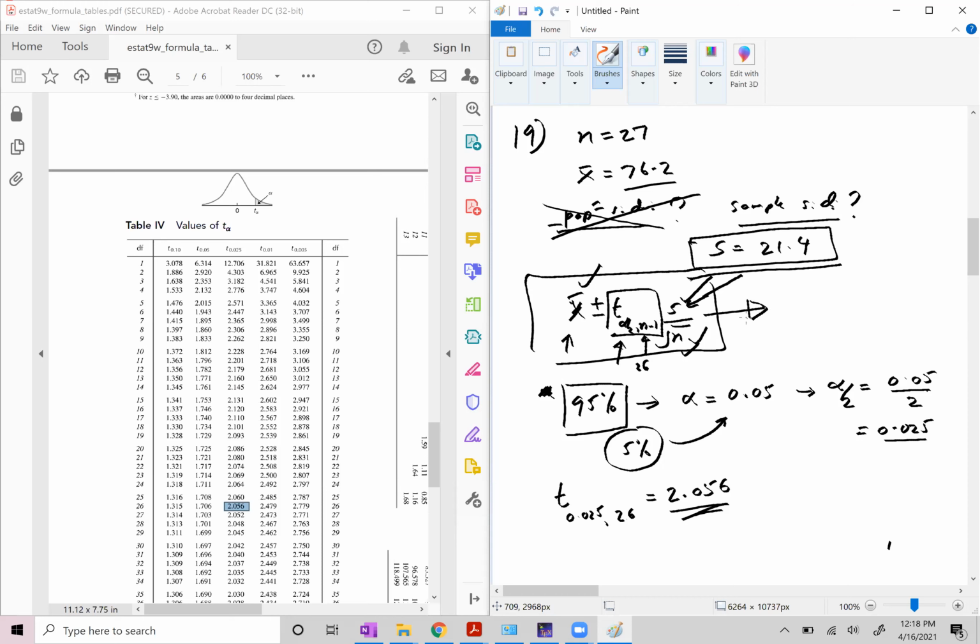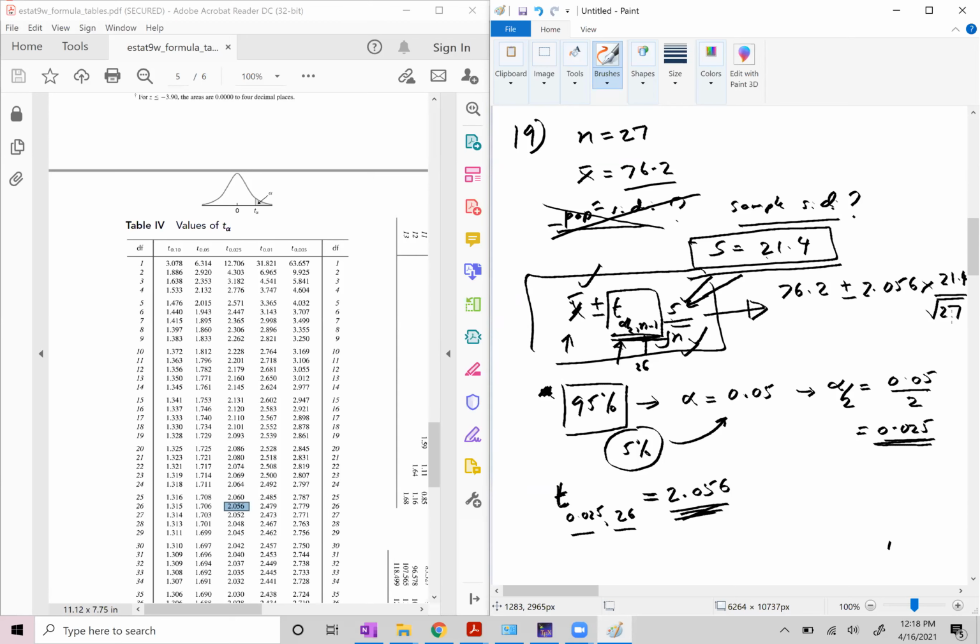What is x bar? 76.2 plus or minus t alpha over 2 comma n minus 1, where alpha over 2 is 0.025 and n minus 1 is 26, and t 0.025 comma 26 we found from the table is 2.056, times s. S is 21.4, divided by square root n, which is 27.